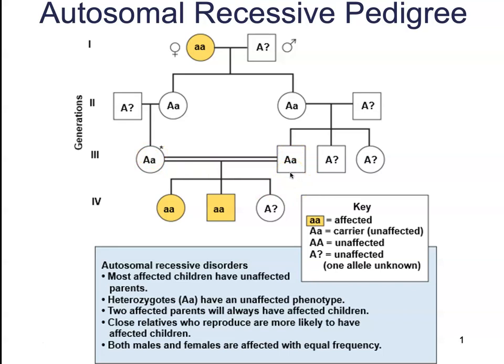Now, the interesting thing with autosomal recessive disorders is that a lot of times they appear in certain populations. A great example of this would be hemophilia. Hemophilia appears in the royal bloodline because there is so much inbreeding. They kept trying to marry off royal family members to each other, and when you do this, there's a much greater chance that autosomal recessive genetic disorders will make an appearance.